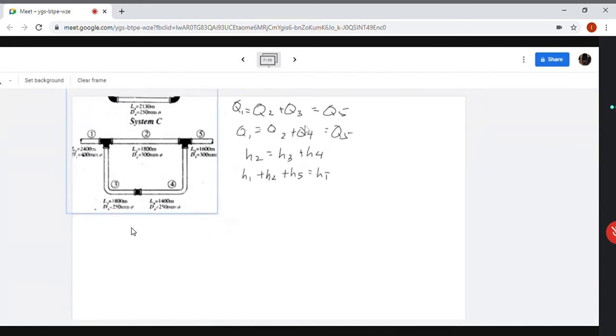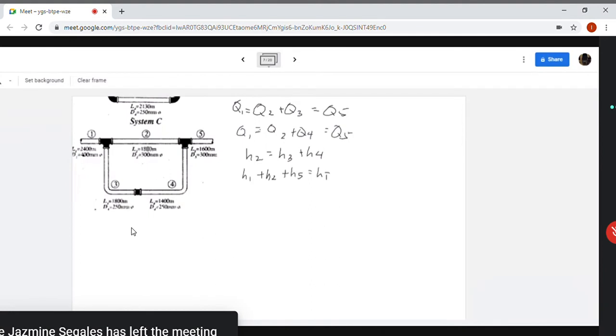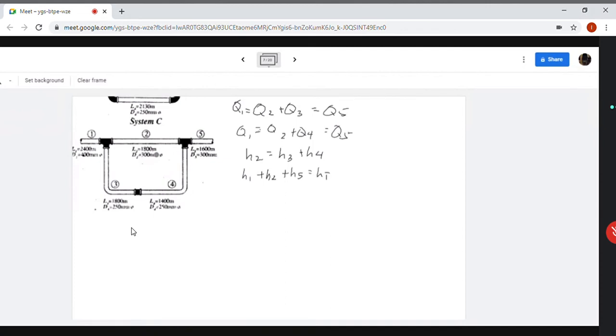What we need to do here is get the head loss, so we need the discharge. We use this one.